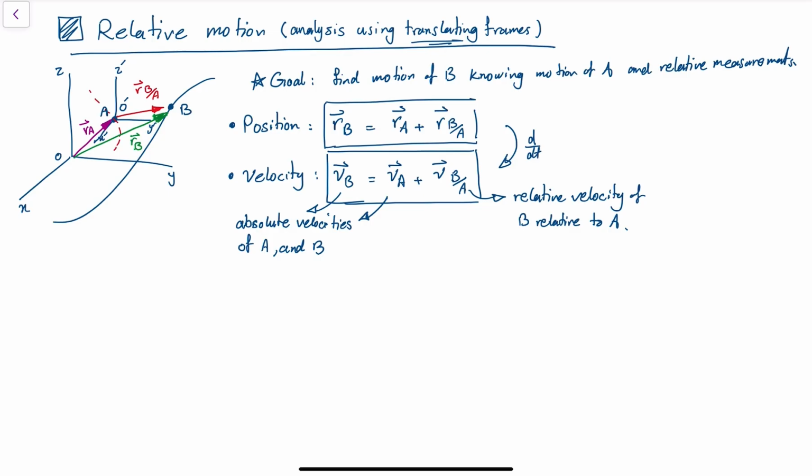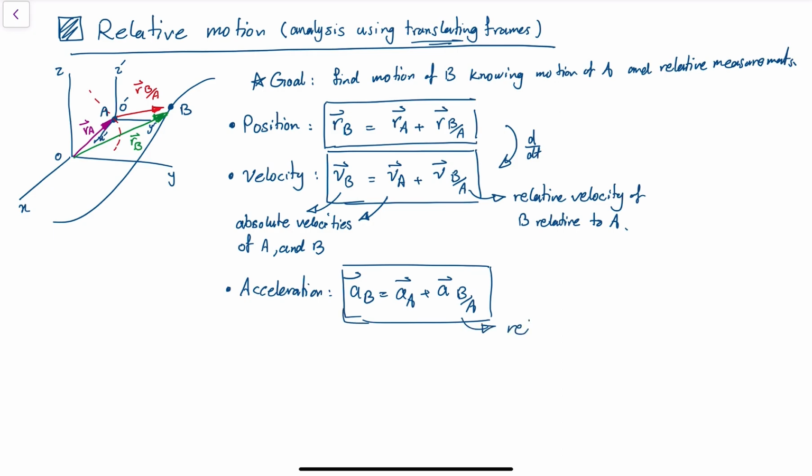And finally, accelerations. You can guess it. Acceleration of B is acceleration of A plus acceleration of B relative to A. And similarly, the first two terms are absolute acceleration, and the last one is relative acceleration of B relative to A.